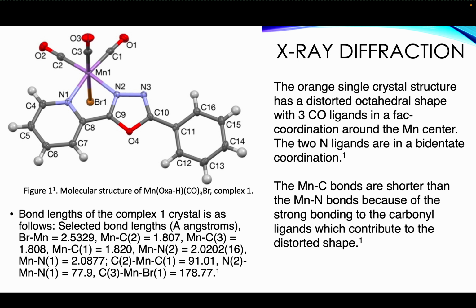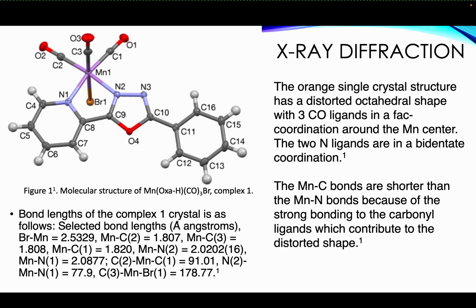The actual crystal structure itself had a distorted octahedral shape that came from the manganese-carbon bonds being shorter than the manganese-nitrogen bonds because of the strong bonding to the carbonyl ligands, and that contributed to the distorted shape.